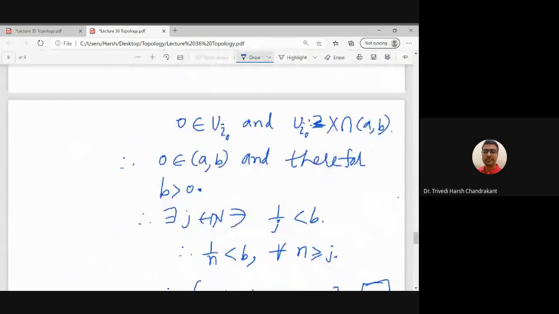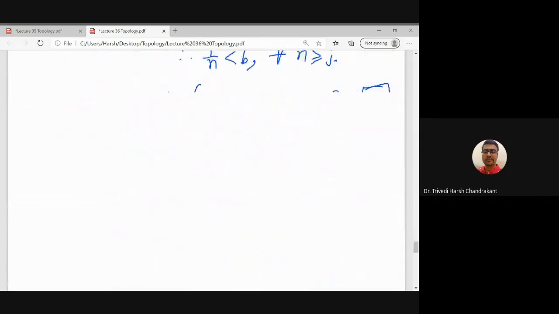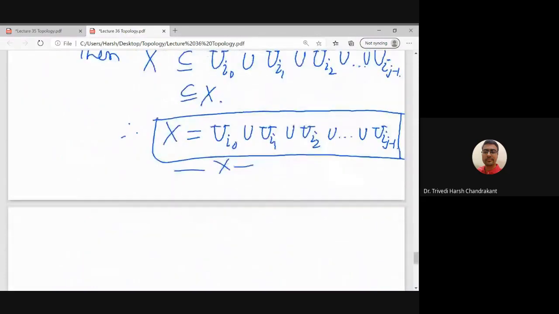The starting cover which we considered, X equal to the union of U_i, may be a collection of infinitely many sets, or it may be a collection of finitely many sets. But even if I take a collection of infinitely many sets, this process will give us only finitely many sets. This process ensures that it is enough to take finitely many open sets which cover the entire space.